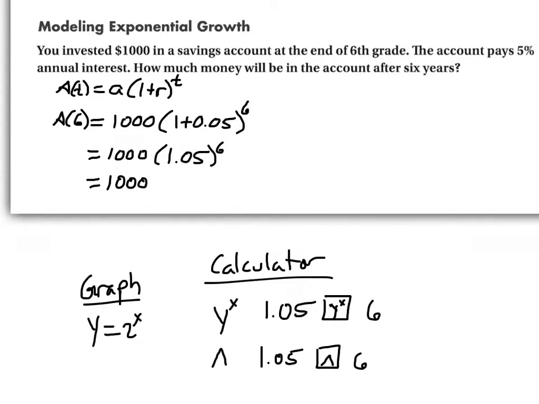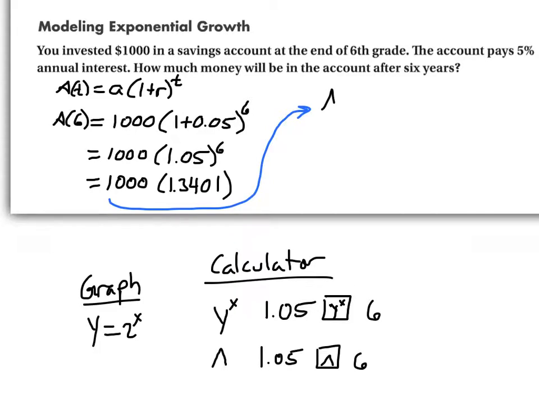Nope, we didn't multiply by 1,000 yet. 1.34, what? 1.340095, okay, so let's round that to 1.3401. Okay, so now we want to go through and multiply that by 1,000.